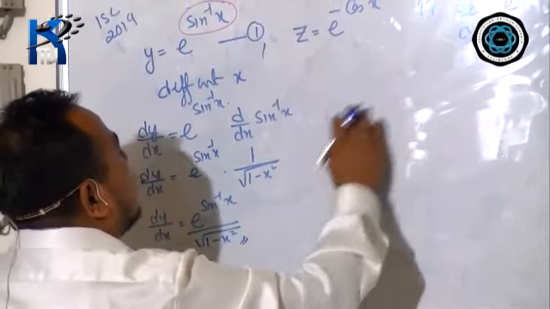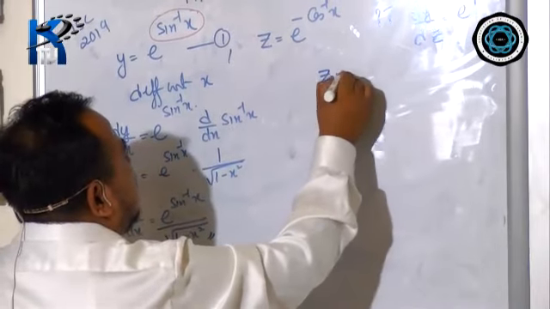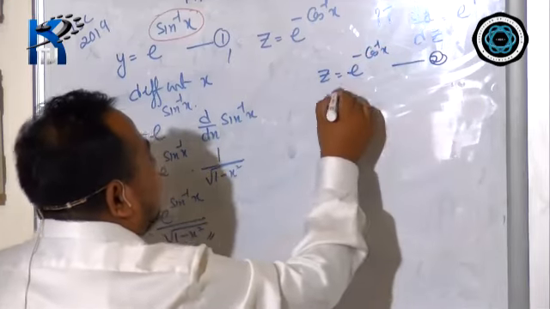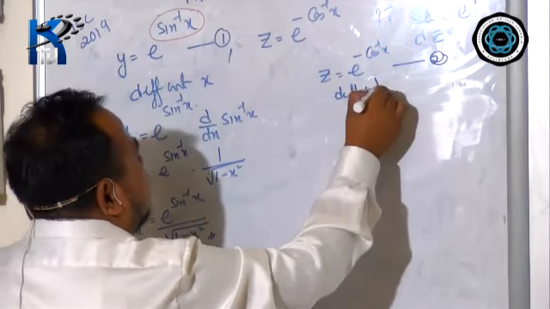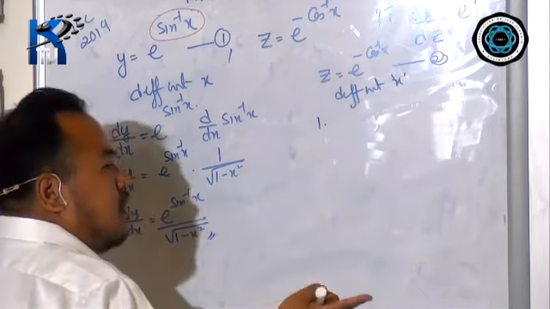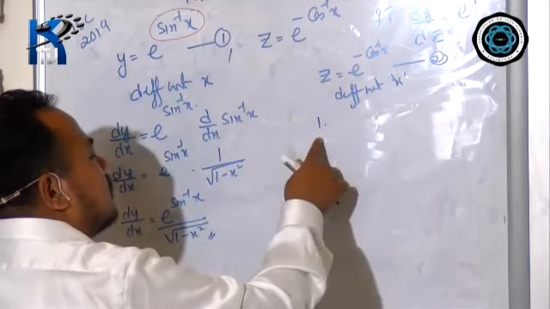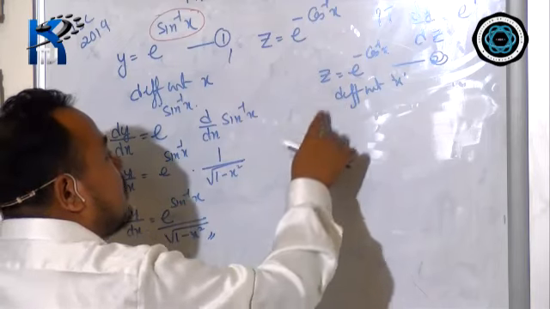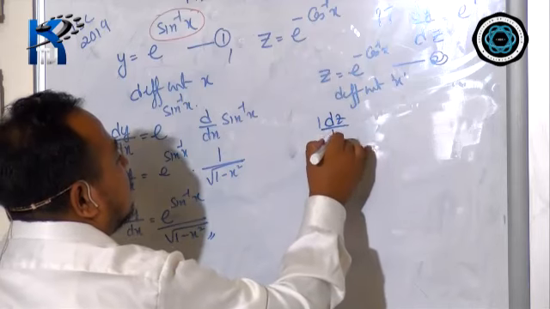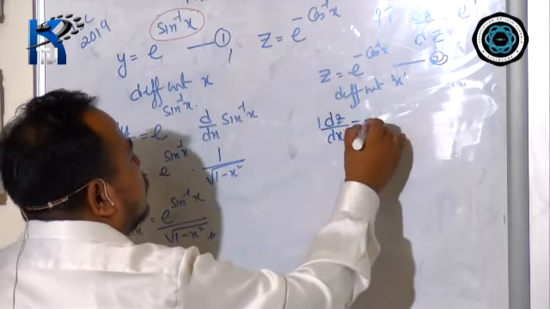So moving on to the second equation. What's the second equation? Z equal to e to the power minus cos inverse x. Equation 2. Do the same thing, differentiating with respect to x, because x is the common variable. Differentiation of z, like x is 1, y is also 1, so z is also 1, because it's a variable. So differentiation of z is 1, but you are differentiating z with respect to x. So you get dz by dx equal to e to the power.